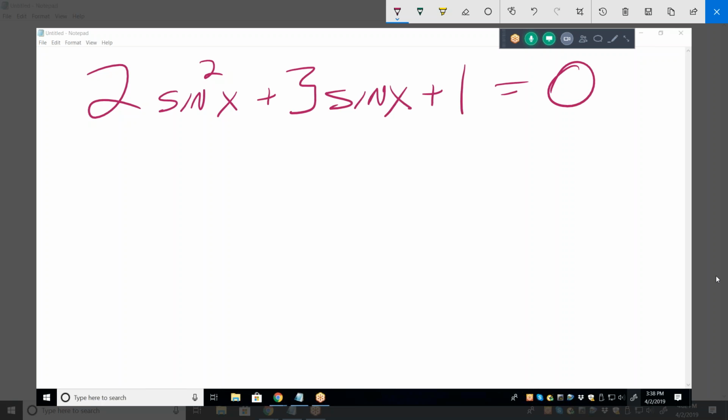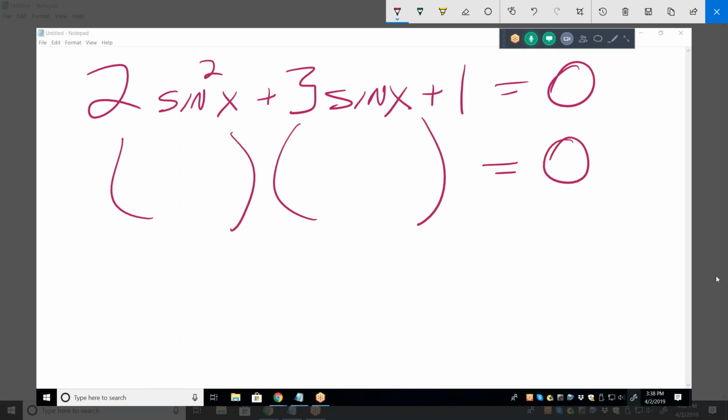Okay, so what would you do with this if it was an algebraic equation? Factor it. So exactly what we're going to do with this. So how would you split up the sine squared of x? The 2 sine of x and sine of x.